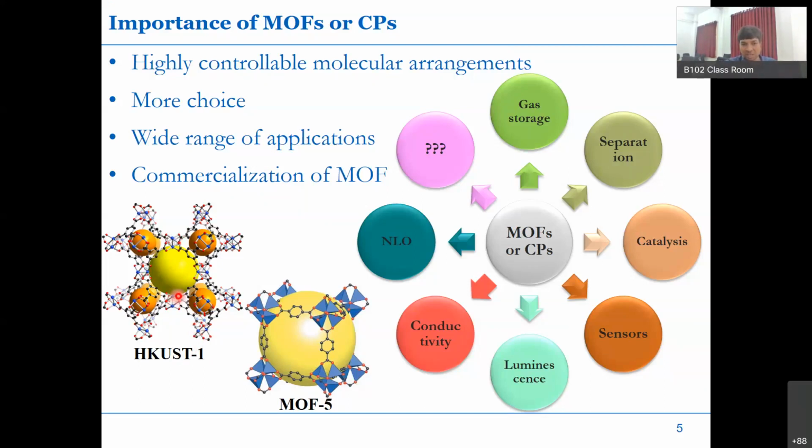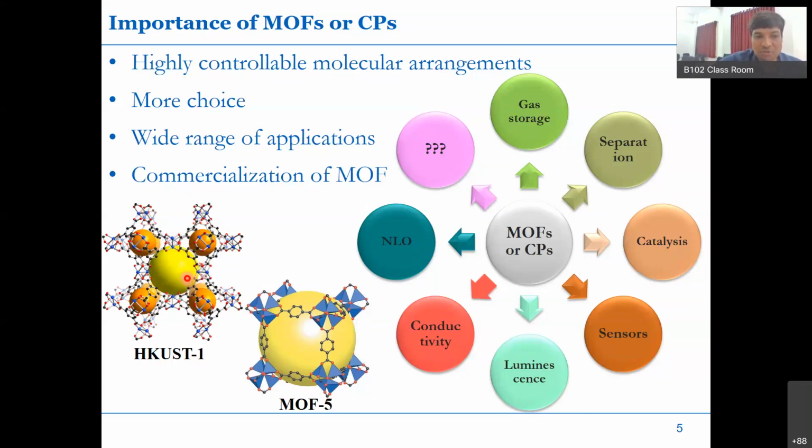This is a ballistic diagram of these compounds, called HKUST. It was first produced at the Hong Kong University of Science and Technology, and that's where they named it HKUST-1. They use copper metal as well as the organic linker benzene tricarboxylic acid, and produce a framework structure here.